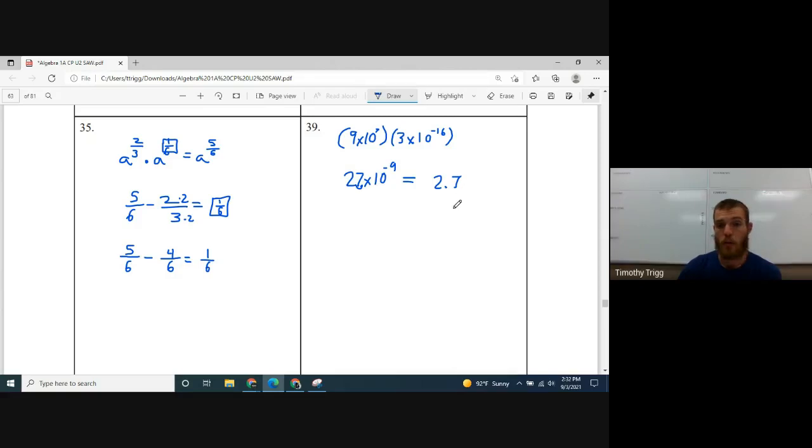So when we move it to the left like that, that actually increases our power by 1. So times 10 to the negative 8. Notice I increased our power by 1, right? It went from negative 9, I add 1, that gives me negative 8.